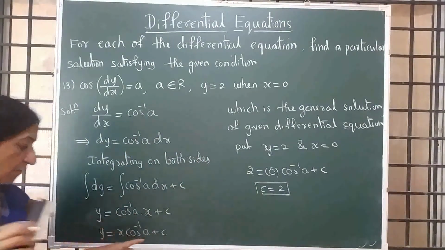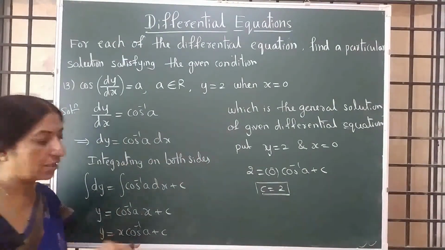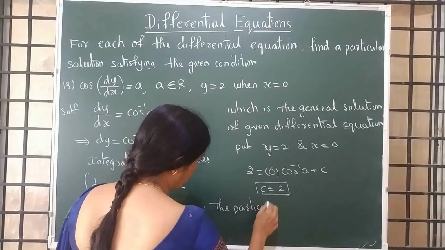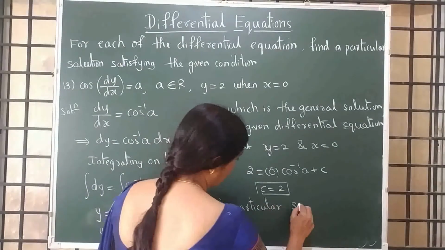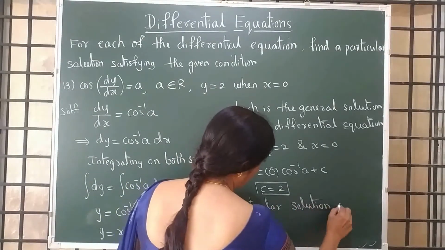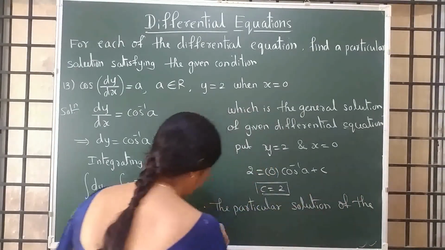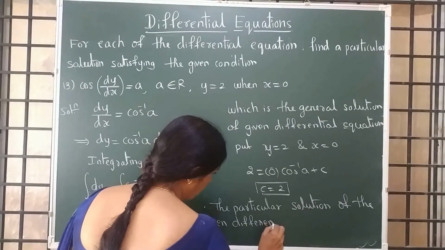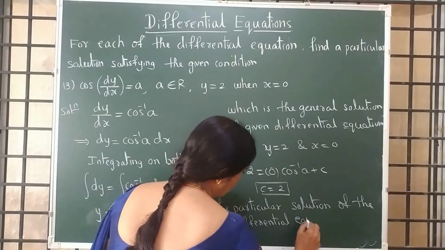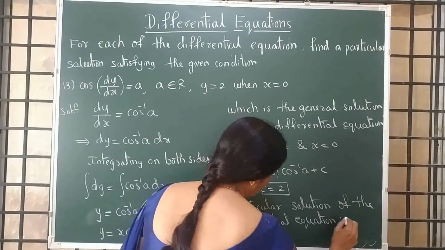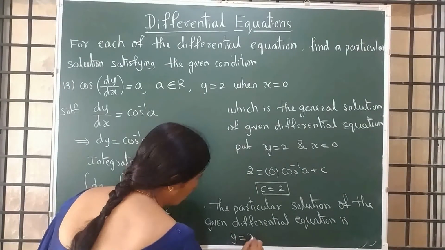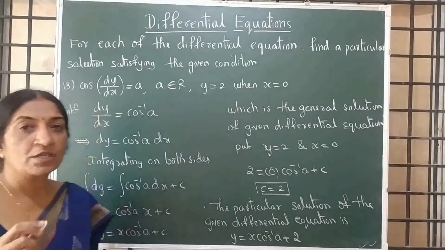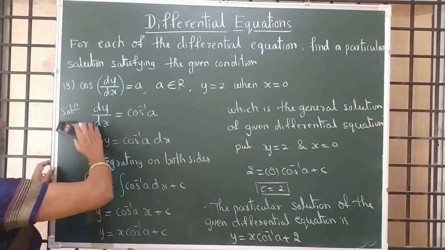Now, write down this C value in the general solution, that gives you the particular solution. y is equal to x into cos inverse a plus 2. Just write down that C value, that gives you a particular solution.